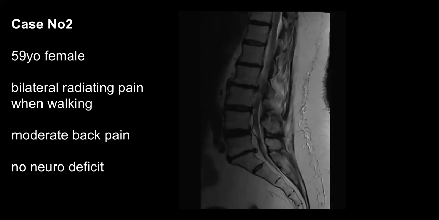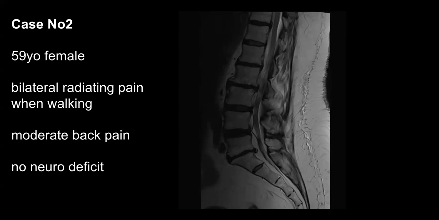So the next case is a much younger woman. She has bilateral radiating pain, but only when she's walking. She sits a lot, as you can see. She has moderate back pain, not too much, maybe because she's sitting a lot, and she has no neurodeficit.